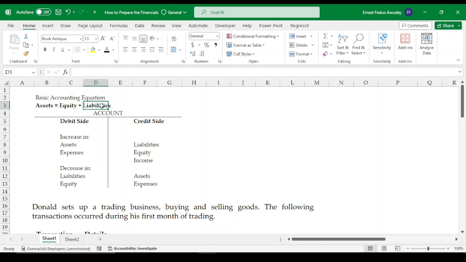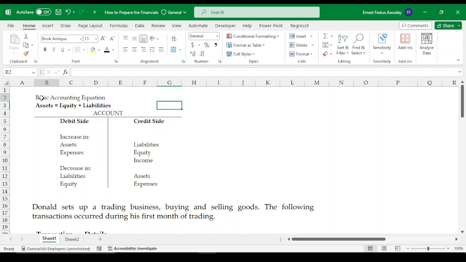If it is a partnership, then by the partners. If it is a sole proprietorship, then that is the contributions made by the owner, or the startup capital of the owner. That is what we call equity. That is why we call equity capital. So you can call equity too as capital.